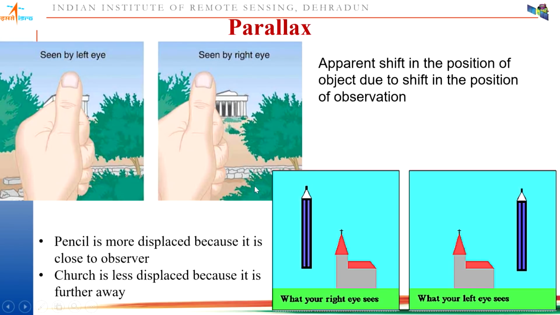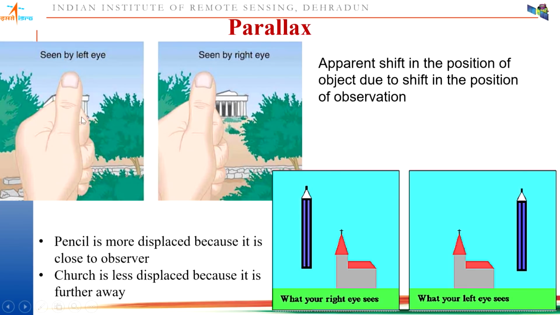Here you can see, if you have a picture or something in front of you, and you put your thumb or your finger here, see it by your left eye, see it by your right eye, do it at a faster pace. What you will see is that the finger is moving.